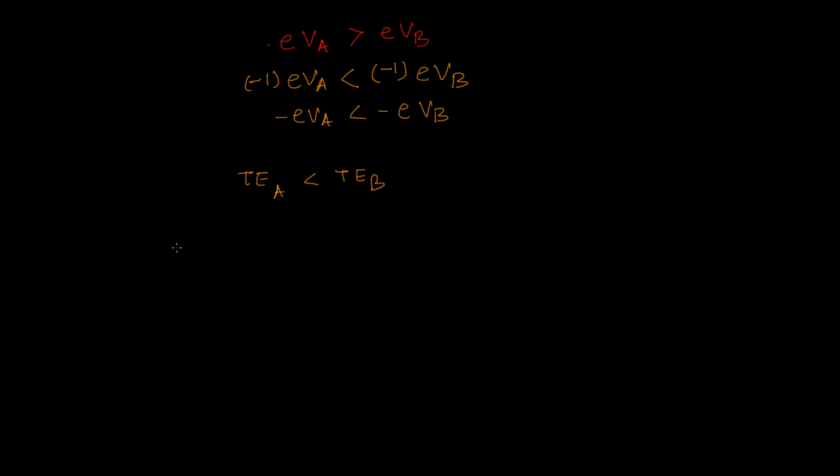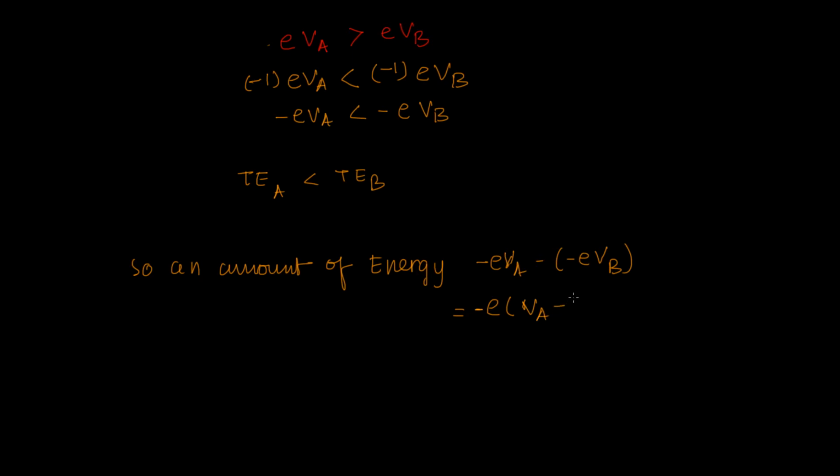So this amount of energy, see the final minus initial, E_VA minus E_VB, is equal to E minus E_VA minus VB, and that is nothing but minus EV. Okay, this is the loss.